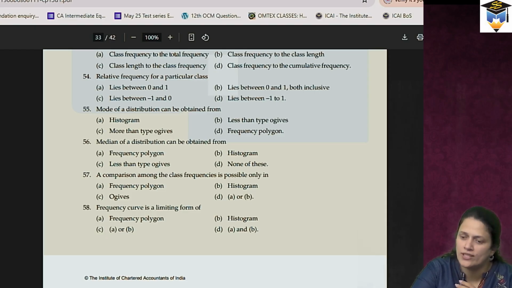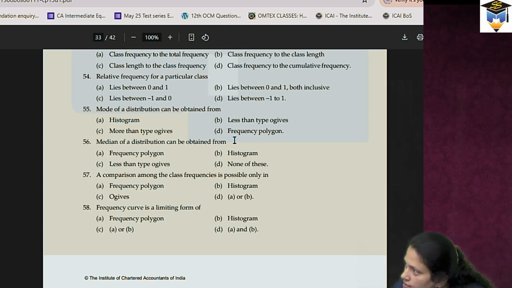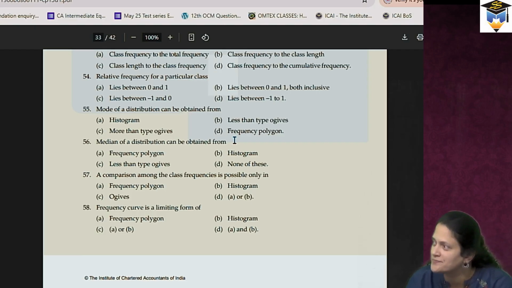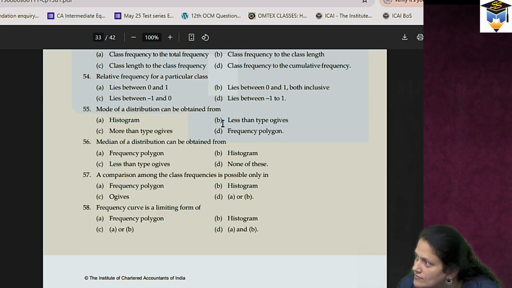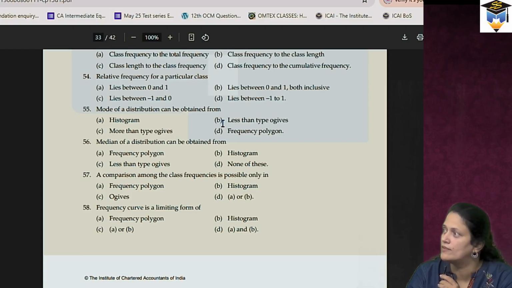Online students, what is the answer for question number 54? Can anybody tell me and write it in the chat box along with explanation? Hello there. Who is this? Okay. Screen is not visible.